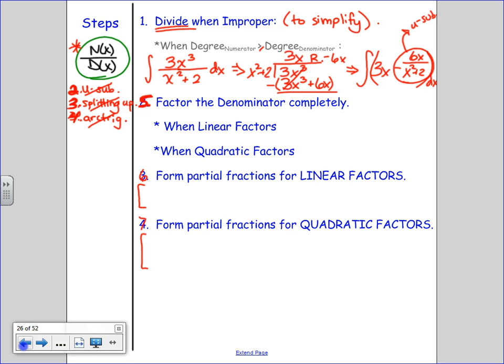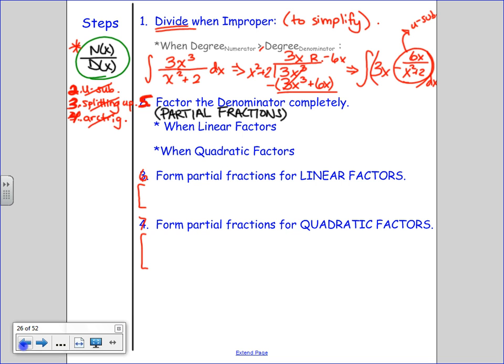Partial fractions come in when you start factoring the denominator because you don't know what else to do. When you factor the denominator, you could get linear factors or you could get quadratic factors.